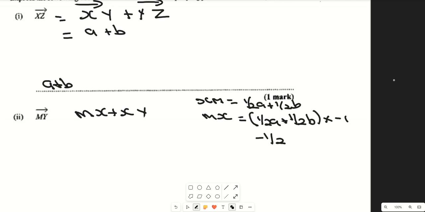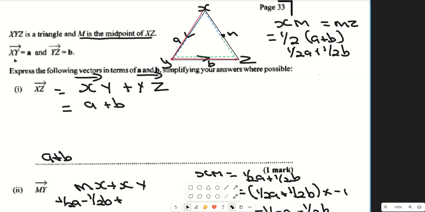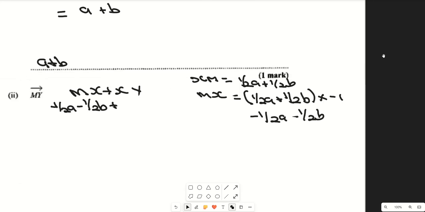So that's negative a half A minus a half B. Plus, what is XY? XY, they said in the question, is A. So you simply add A to it. So this would be minus a half A plus A minus a half B. Minus a half A plus A is equal to a half A minus a half B.